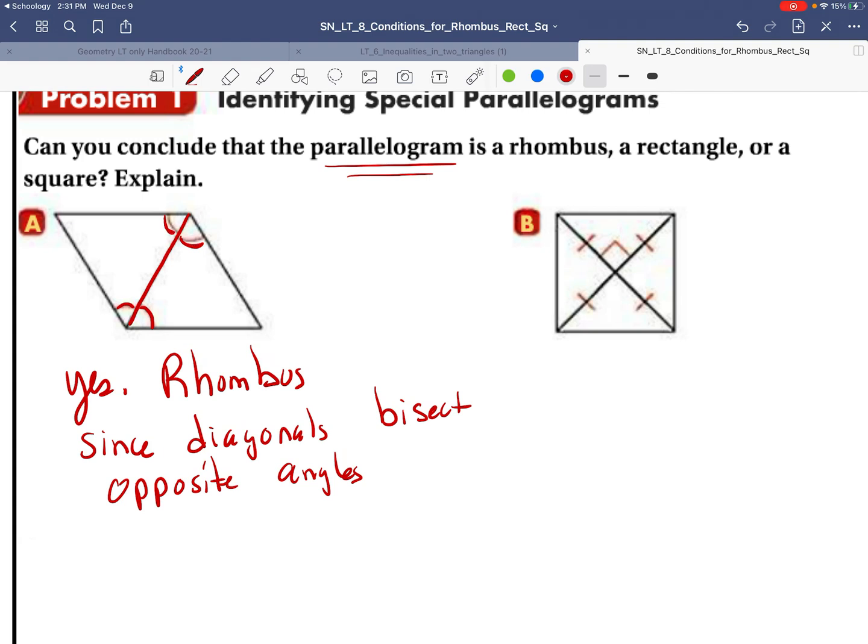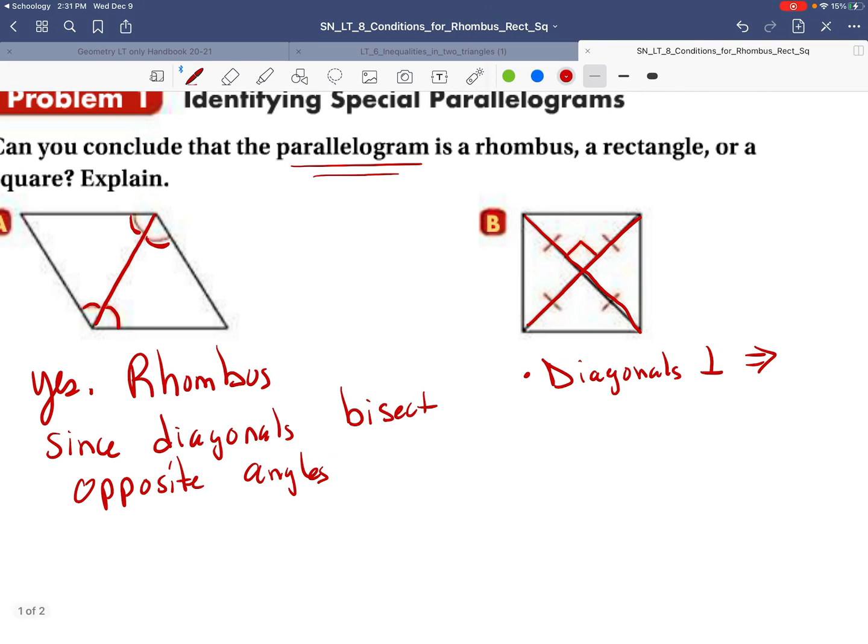Let's look at B. Here the diagonals are perpendicular. Because diagonals are perpendicular, that tells me that the parallelogram is a rhombus. So when diagonals are perpendicular, you know that the parallelogram is a rhombus.